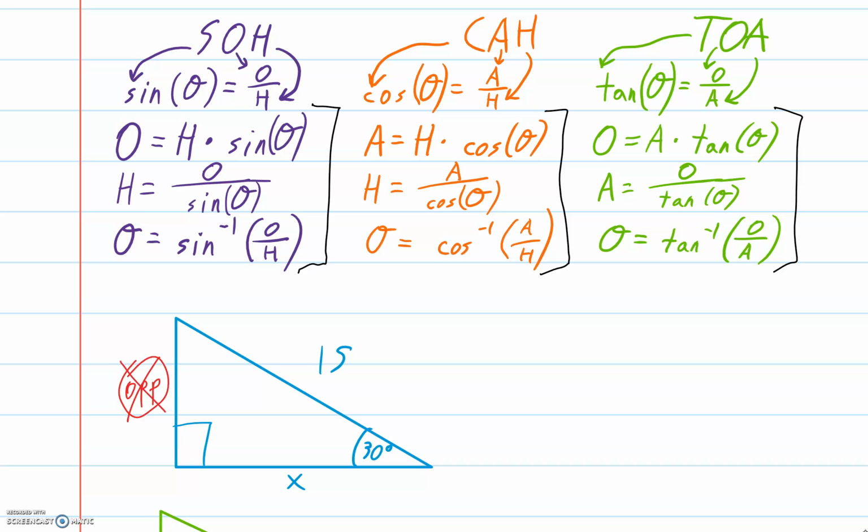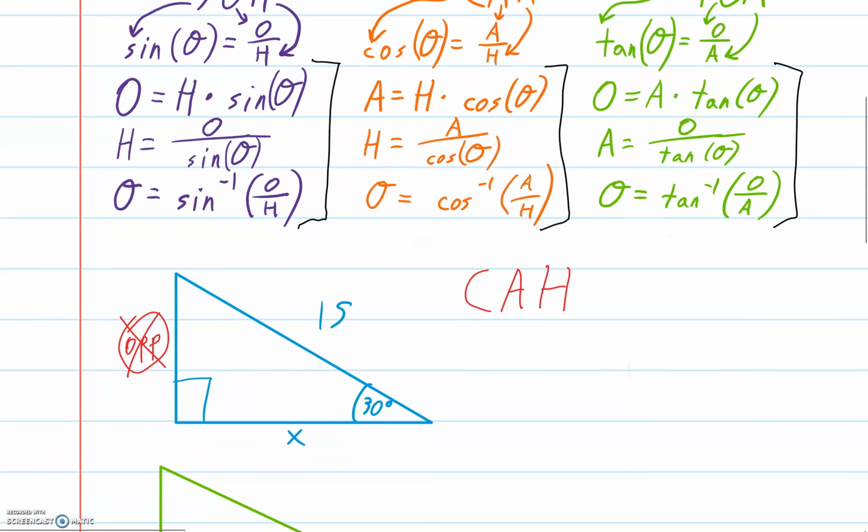So which one does not have opposite? Pause the video, try it out yourself, and then press play. Which one does not have opposite? Well, CAH does not have an O, does not have the opposite.